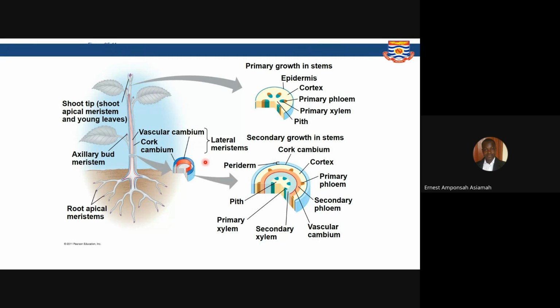Then we have the lateral meristems: the vascular cambium, which is inner, and the cork cambium, which is outer. The vascular cambium is going to add the secondary xylem and secondary phloem, the secondary vascular tissue, so that the plant increases in girth. Then the cork cambium is going to replace the epidermis with the periderm.